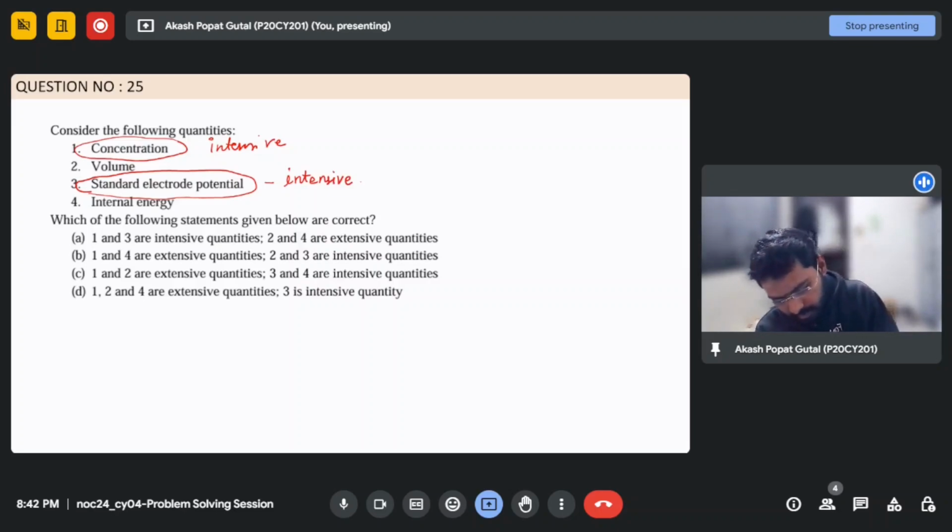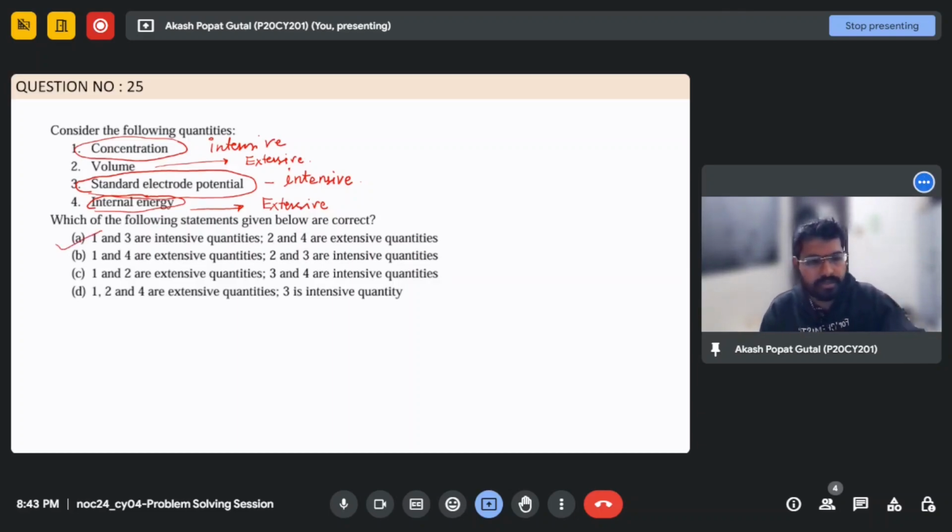Volume is an extensive property, which depends upon the quantity of the substance. And the internal energy is also an extensive property, because as we increase the gas volume and number of gas particles, the internal energy will increase. So 1 and 3 are intensive quantities, and 2 and 4 are extensive quantities.